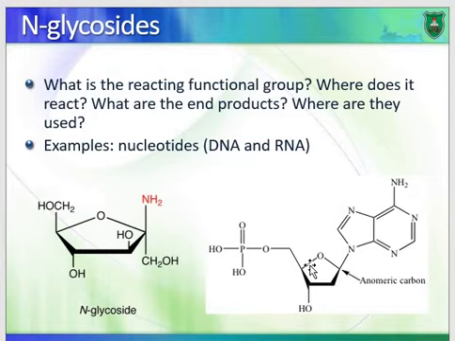Also, the sugars that are present in DNA and RNA are connected to nitrogenous bases through the nitrogenous bases' nitrogens. That's why this connection makes the nucleotides of DNA or RNA N-glycosides.